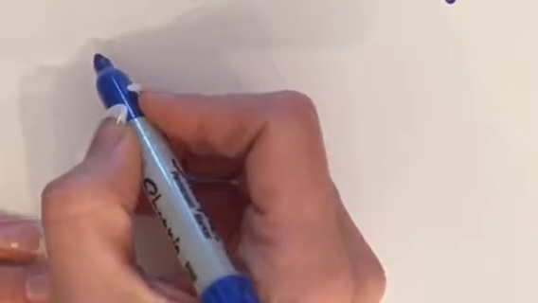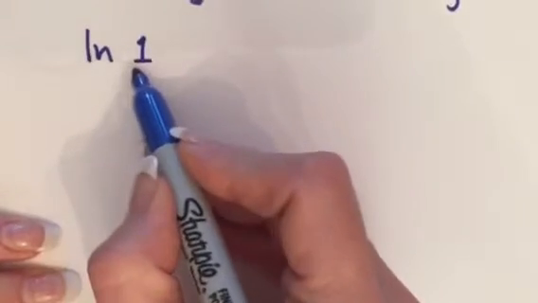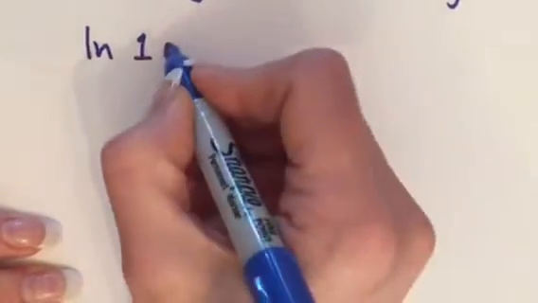Okay, so we're going to look at some examples together, and this should go pretty quickly. What is the ln of 1? Well, that goes back to what we talked about in the last segment. The log of 1 with any base is equal to 0.